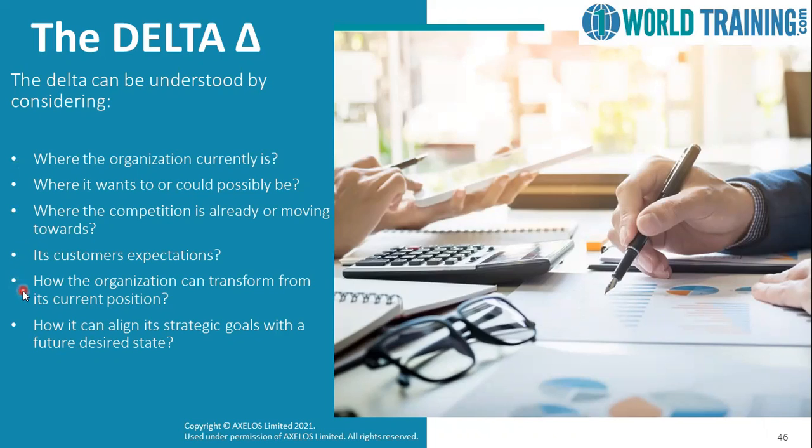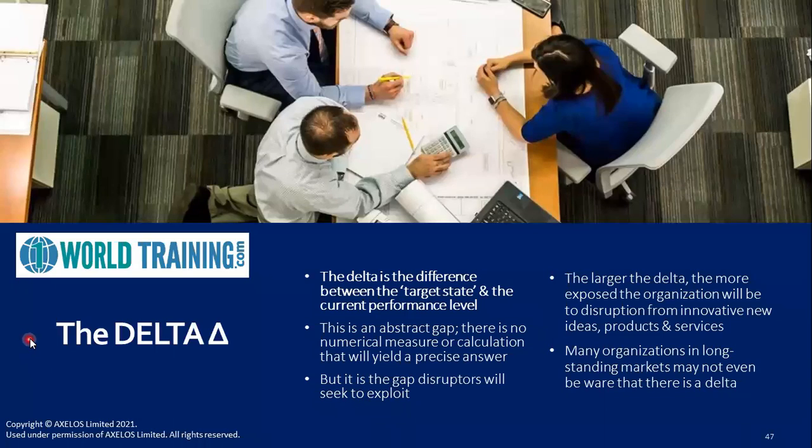How can the organization transform from its current position? And also, how can it align its strategic goals with a future desired state? Which means, does it need to change its strategy? If so, how? Therefore, the delta is the difference between the target state and the current performance level.